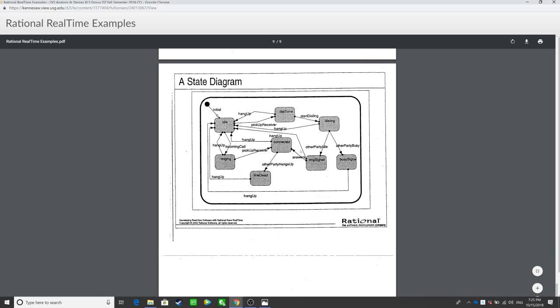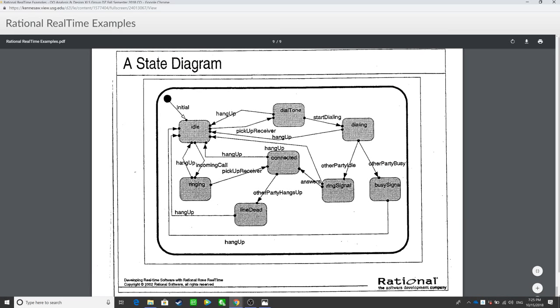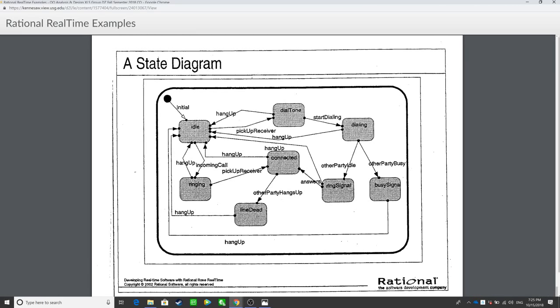Well, it's pretty clear here. So initially, we have an initial state, starting from this state. Then we go to an initial state that's idle. Idle is an important state for a lot of systems. It always has some idle state, where you're just waiting for something to happen.